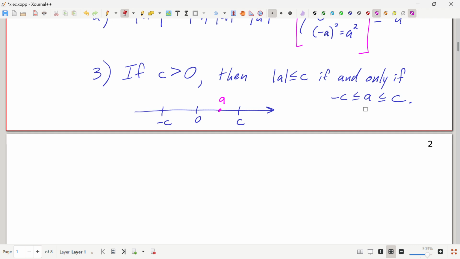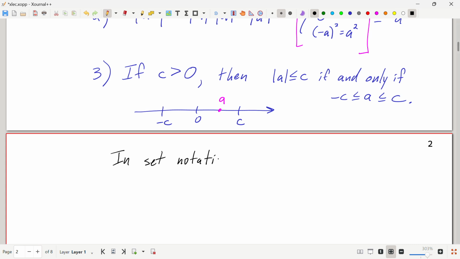And reading a book, let me mention something that's typical in the book. Before I do that, this kind of thing is also similar to a set in set notation. We'd have the A such that A is less than or equal to C in absolute value is equal to, well, we have a symbol for this thing.